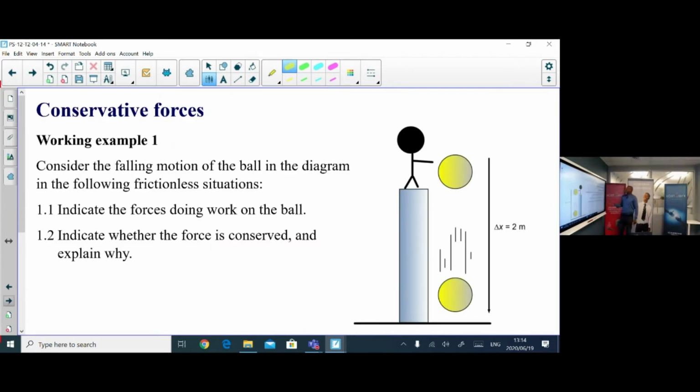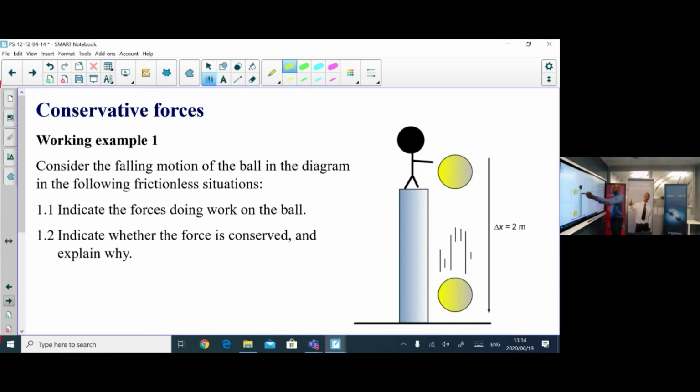Let us look at this example. Consider the following motion in the diagram. If you can just look at the screen, we have this drawing here. This is the bar that I'm talking about. We are just dropping it from up there.